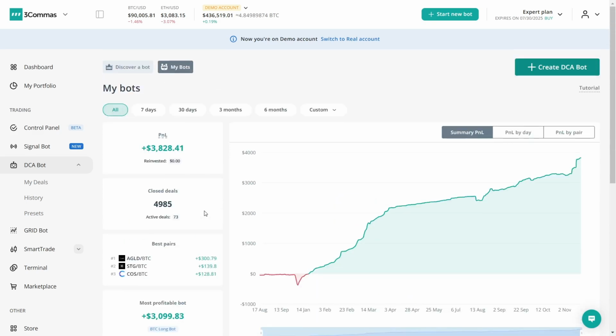Okay. So what is a DCA bot? A DCA bot is a trading bot that will operate on some sort of trading start condition. So you must supply a condition to start your trades, and it will perform trades based on that condition on the assets you have chosen for it.